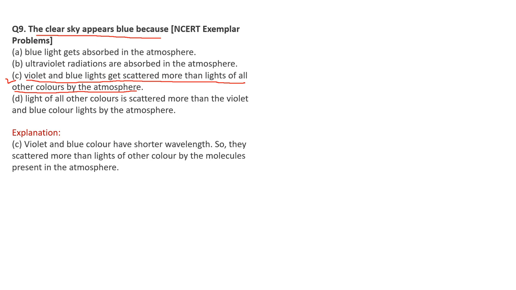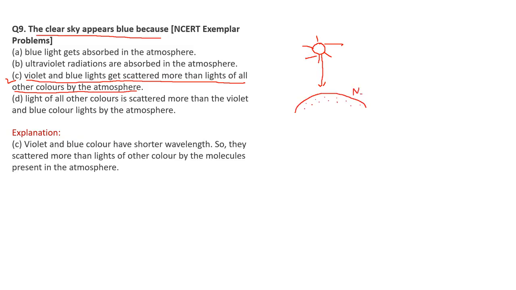Now let me explain this phenomenon. When the white light from the sun is entering the atmosphere, what happens? In the upper layer of the atmosphere, you will find more nitrogen and oxygen molecules.